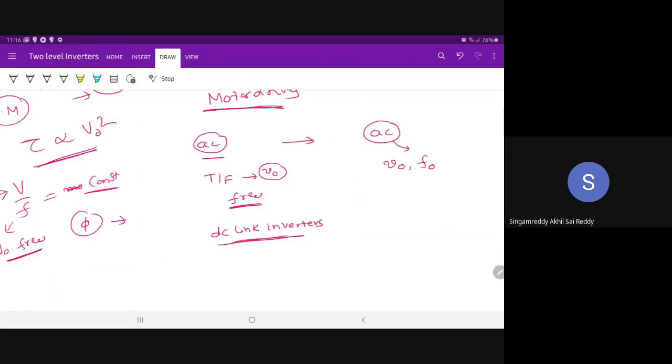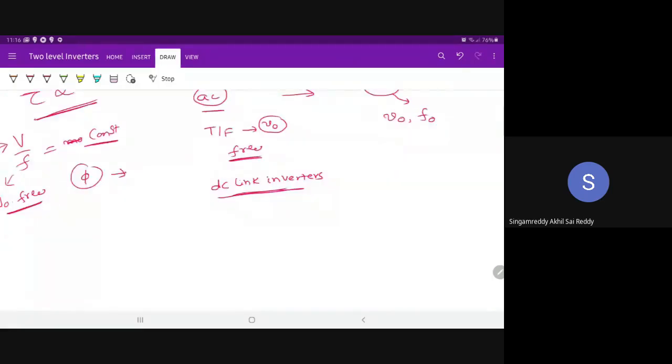Here the available AC supply is converted to DC, and then converted back to AC, with the required variable voltage and frequency. So these are known as DC link inverters.